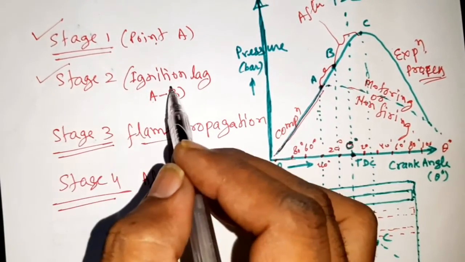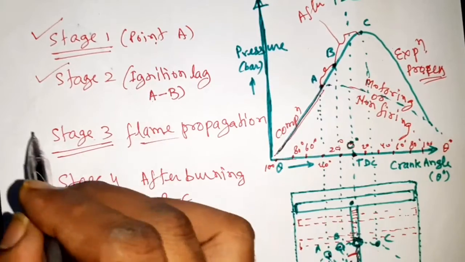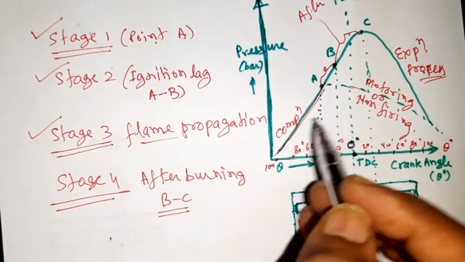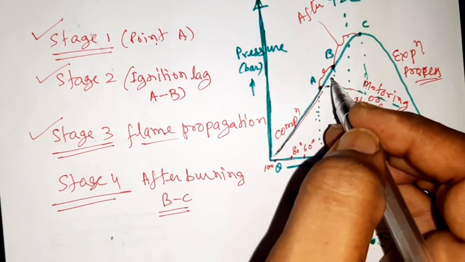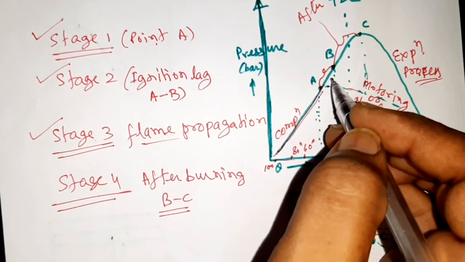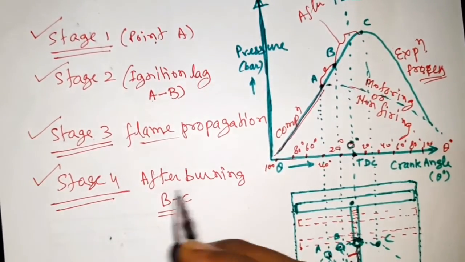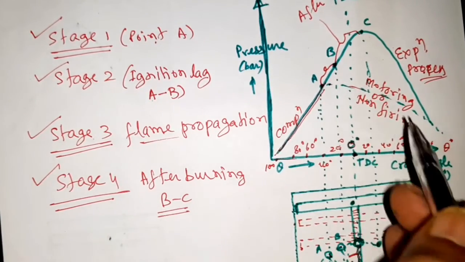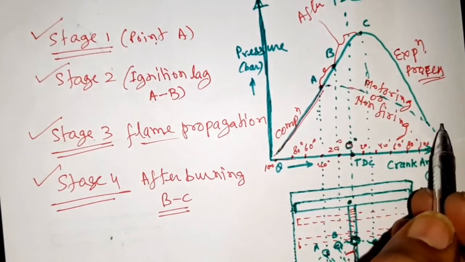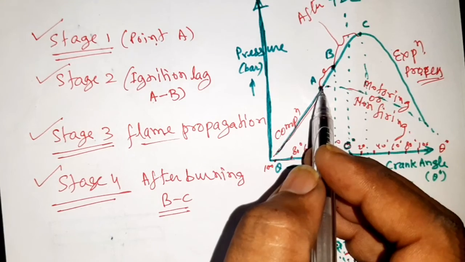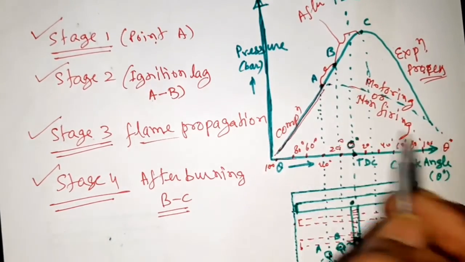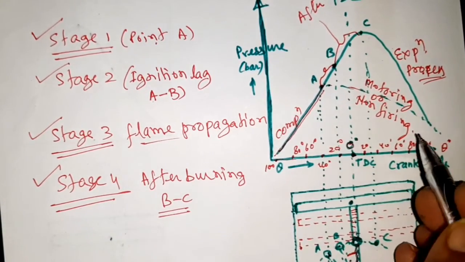Suppose the piston was initially here, the crank angle was at point A. When it is moving vertically upward, at point B this is the crank angle, this one. And at TDC the piston is at this point, so the crank angle will be 0.